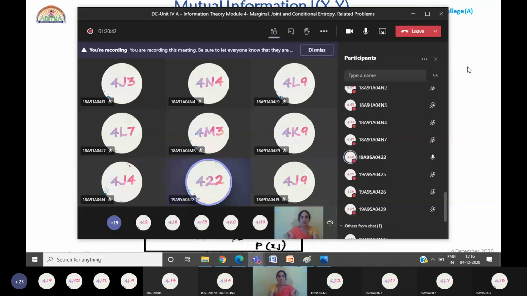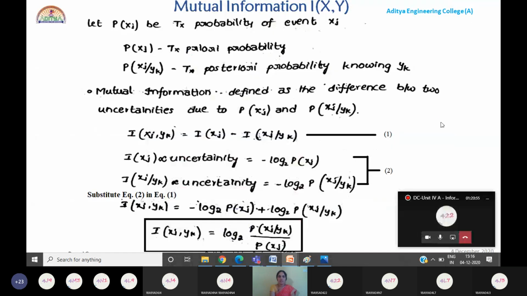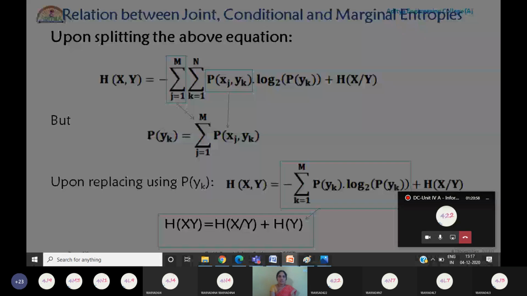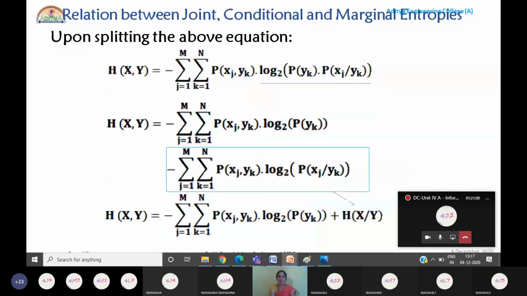Okay, then please continue. Marginal entropy of transmitter H of x is equal to minus summation j is equal to 1 to m p of x of j log 2 p of x of j, madam.